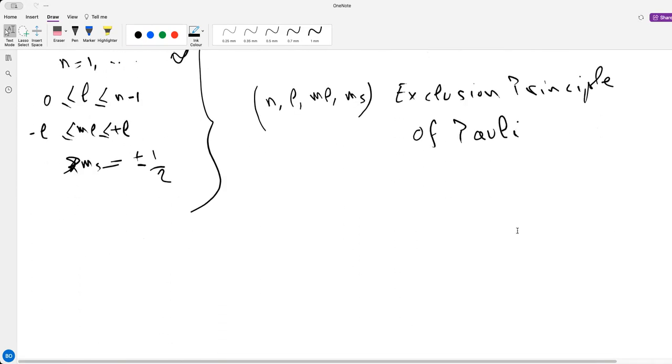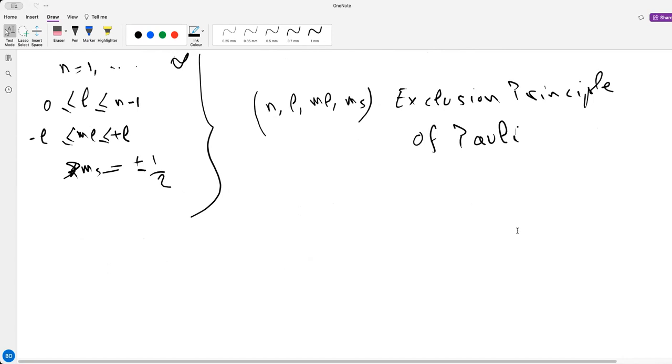So let's give an example. If I tell you that an atom has 7 electrons, I think it's nitrogen, I might ask you to give me the electronic configuration and explain.